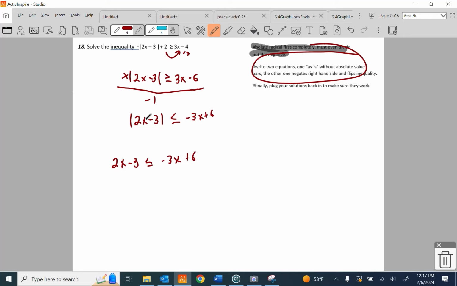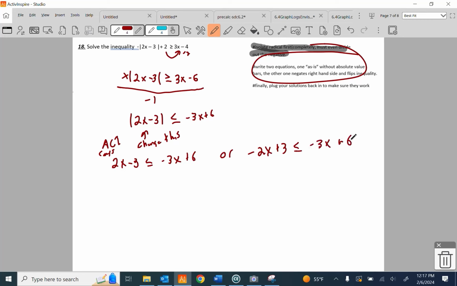And the other one, you can either change this or you can change that. It doesn't actually matter. Mathematically, you're supposed to change this. But it turns out it doesn't matter which side you do. So I'm just going to change this like I'm supposed to. Or -2x plus 3. The ACT wants you to change this. ACT says change this. Less than or equal to -3x plus 6.